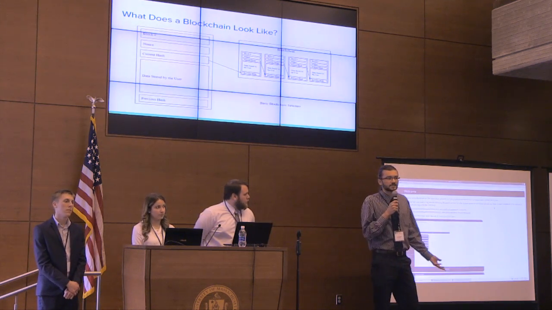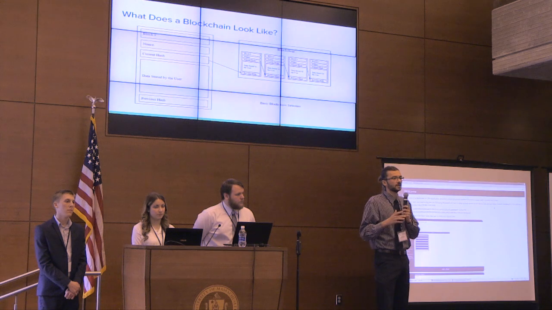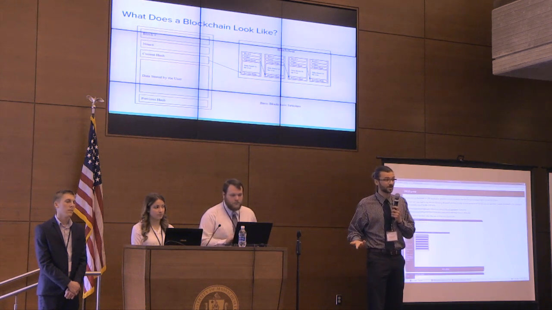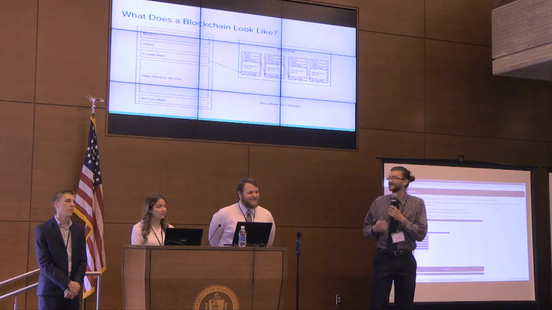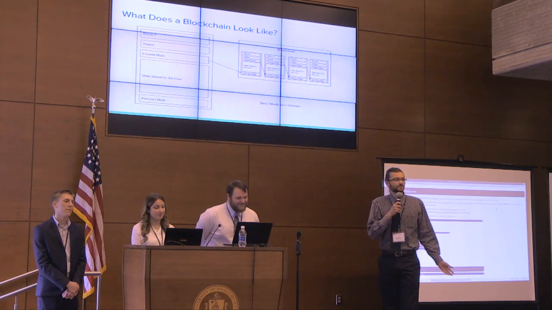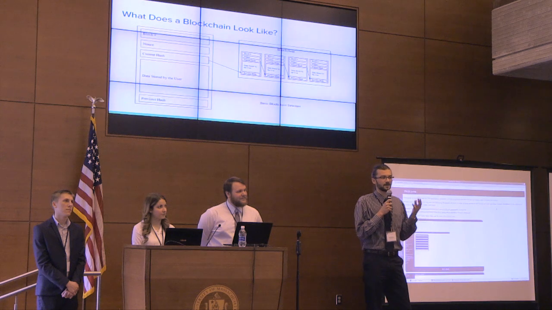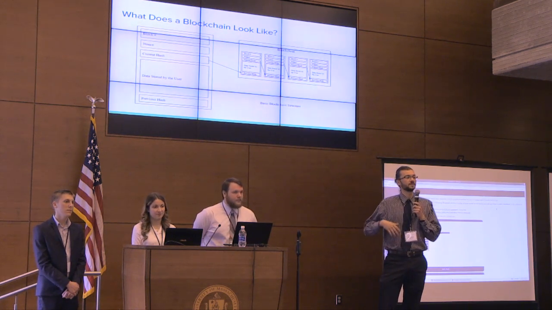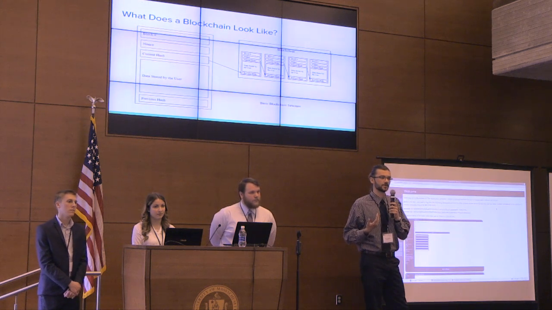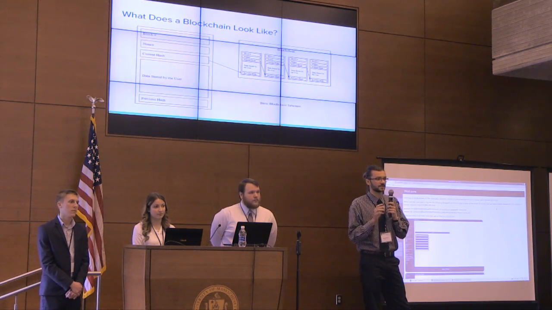So what exactly does a blockchain look like? Well, quite simply, a blockchain is a chain of blocks. I know, crazy. Within each block, you're going to have multiple different data fields. One such data field might be the block number, which is the number of the block that is referenced.